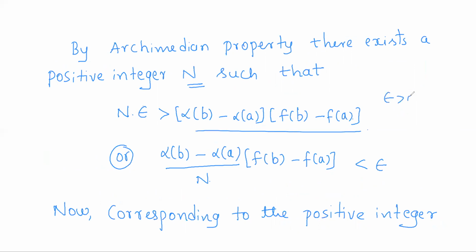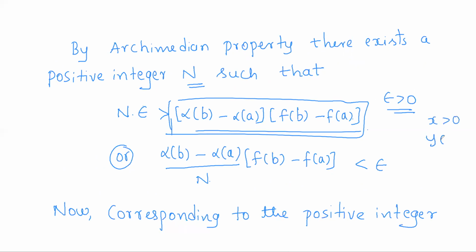Here epsilon is a positive real and this is any real number. For any positive real x and for any real y, the Archimedean property says that nx is greater than y. So epsilon is positive real, so n into epsilon is greater than this, or alpha of B minus alpha of A by n into F of B minus F of A will be less than epsilon. So this is the n which exists using the Archimedean property.